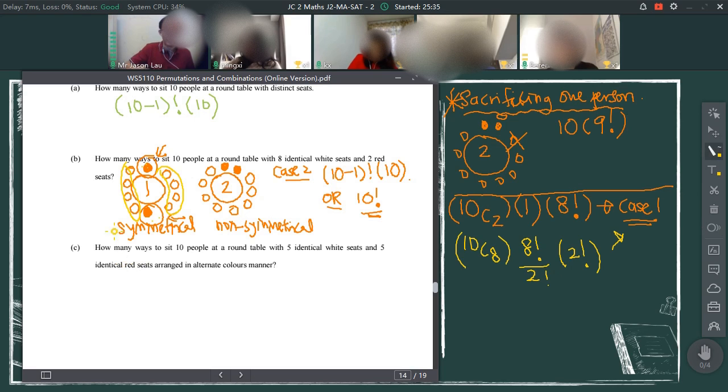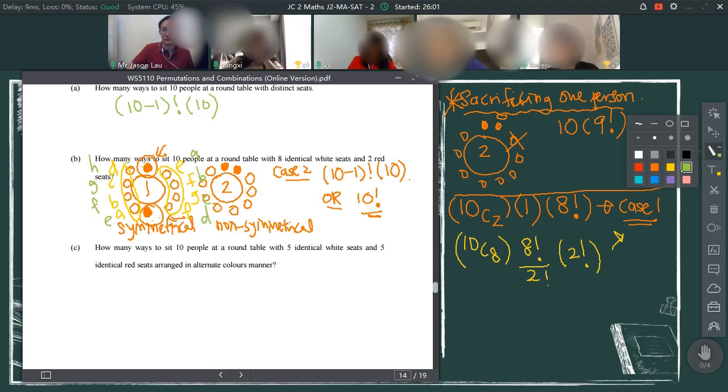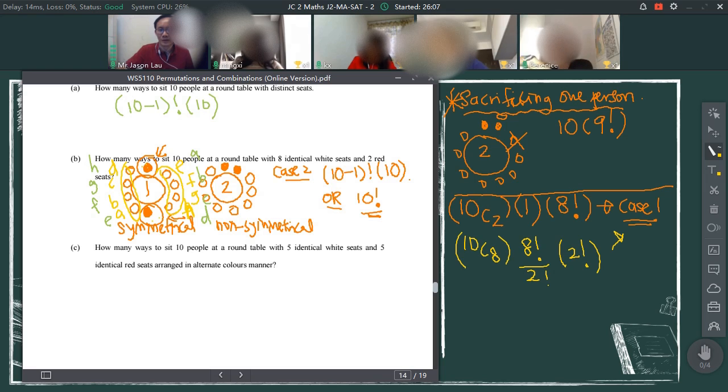For example, if I arrange them as A, B, C, D, E, F, G, H, it is the same as E, F, G, H, A, B, C, D. Oh, because it's rotational symmetry. The left and right happen to be the same number, therefore there's still some symmetry involved.